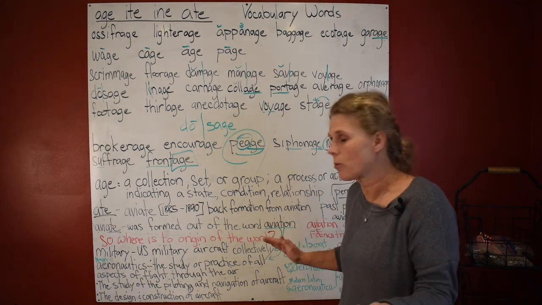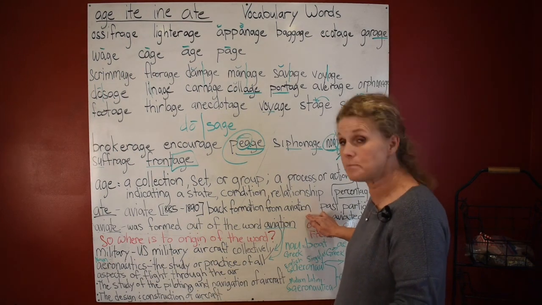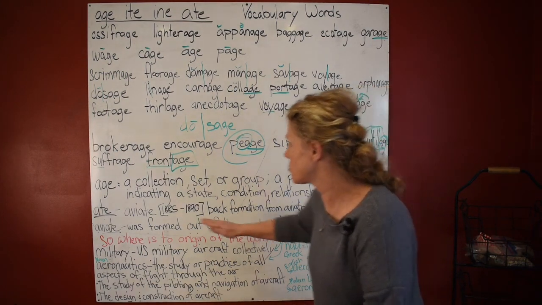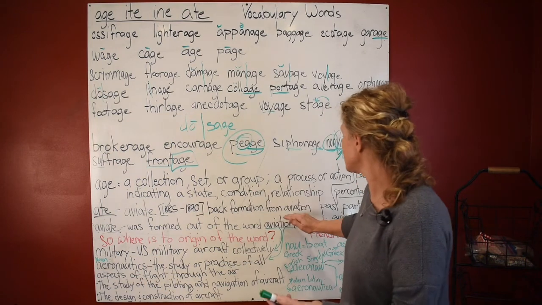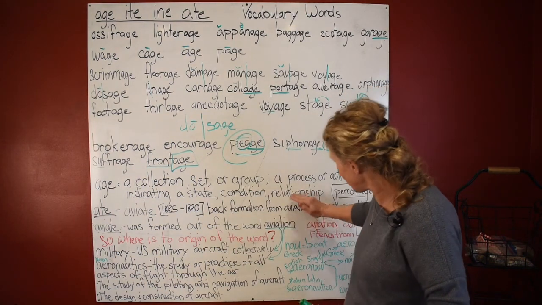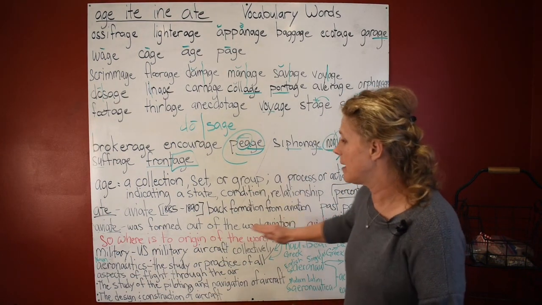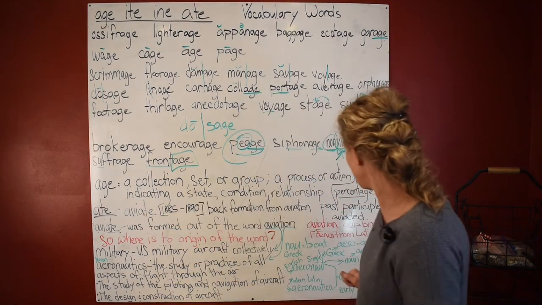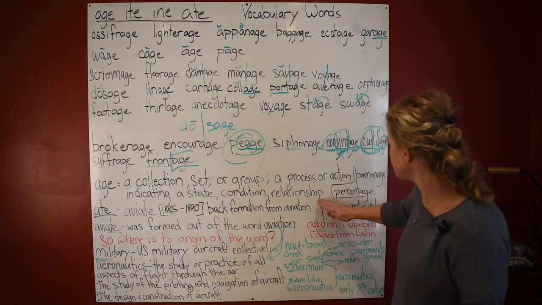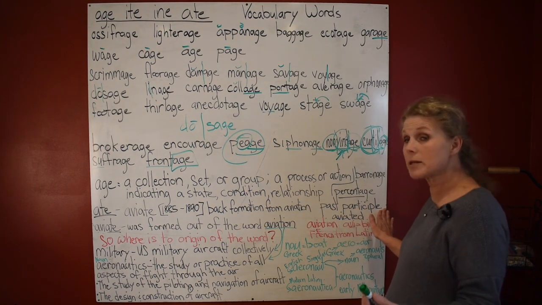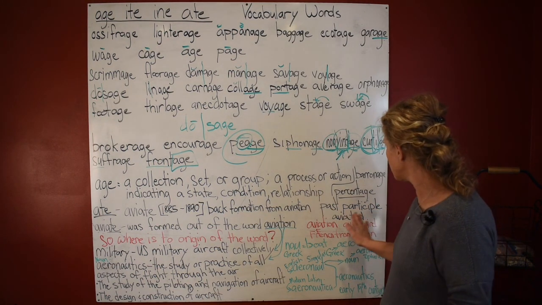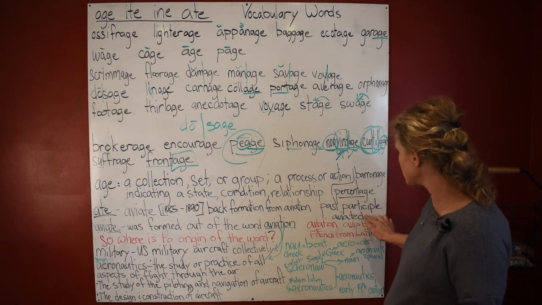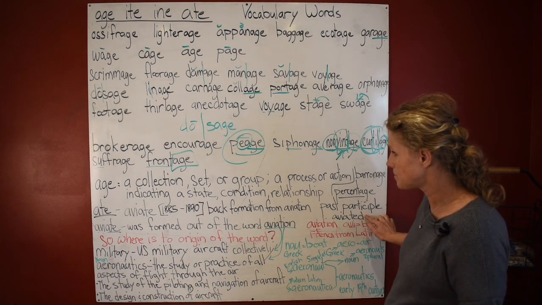Typically it's the other way around, where you have the T-I-O-N, but it's not. They actually looked at aviation and made this word. Isn't that interesting, boys? Now it does sit in the past participle position, and the past participle is aviated.